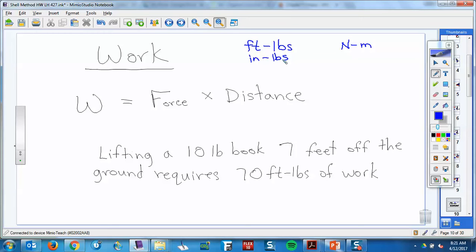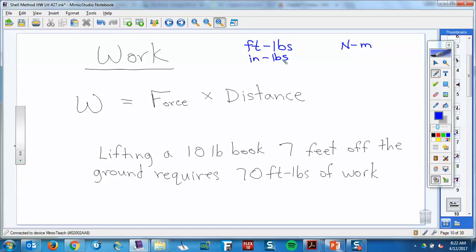Where does the book weigh more? Closer to the ground, closer to the center of the earth, right? The farther you get away from the center of the earth, the less things weigh, because it's based on gravity, right? Now, in 7 feet, the difference is so negligible that we can ignore it, and we actually will ignore it even in calculus. But there are some things that we're not going to ignore.